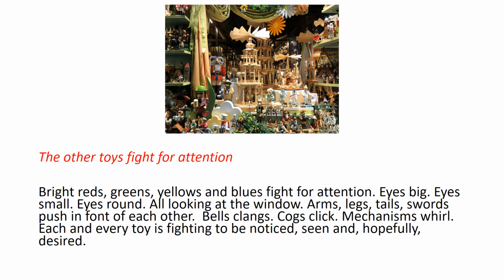So we start from colours, then we look at their eyes, and then we look at their arms and whatever things they've got, and then we look at the sound effects, and then right at the end I've changed the overall mood, because we've gone from everything being about fighting for attention to, right at the end, this hopefully desired. It creates that sense of something being sad, that these poor toys are fighting for attention, but actually they just want to be loved. A bit like Toy Story, isn't it, really?